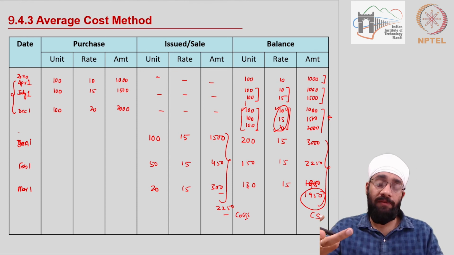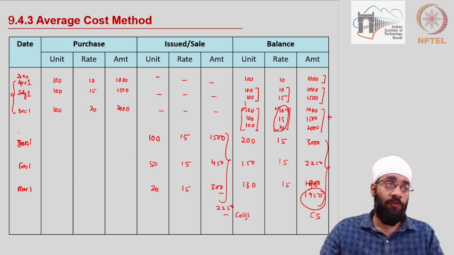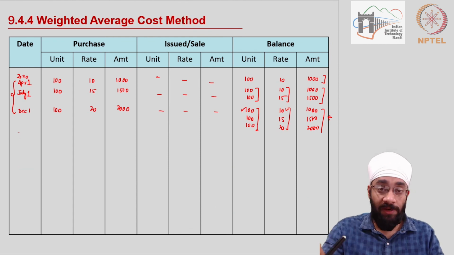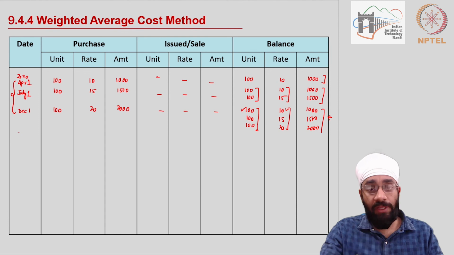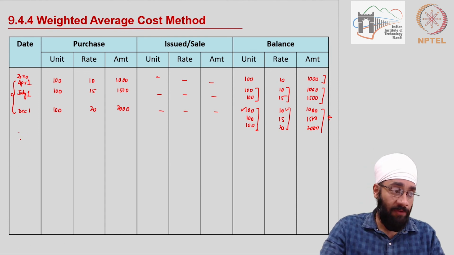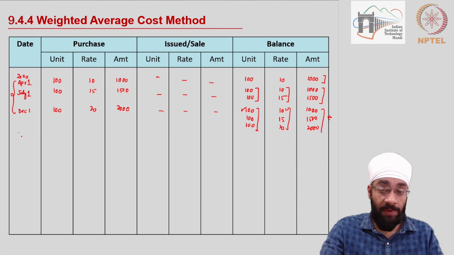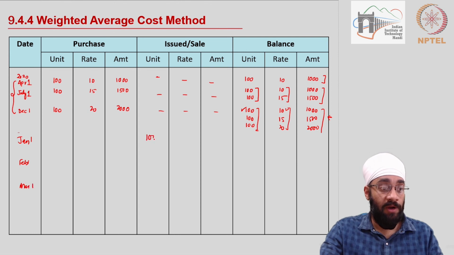Let's look at the final approach, the fourth approach, which is the weighted average cost method. Again, everything remains the same. All we have to do is calculate the price in a different way. So January 1st, February 1st and March 1st, you have 100 units, 50 units and 20 units.